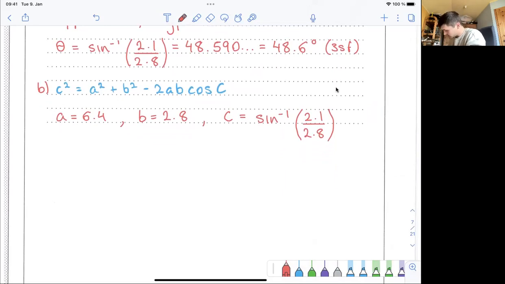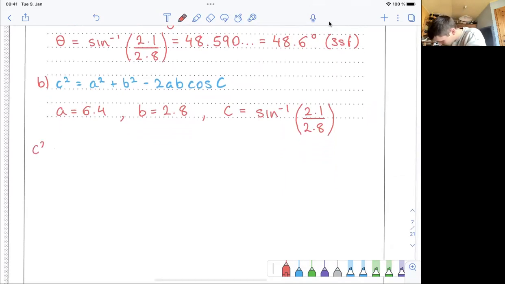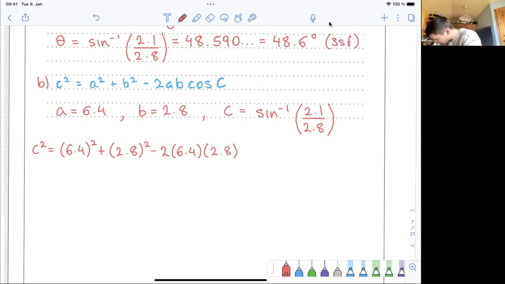So let's charge on. So c squared equals 6.4 squared plus 2.8 squared minus 2 times 6.4 times 2.8 times cos of this big thing here.